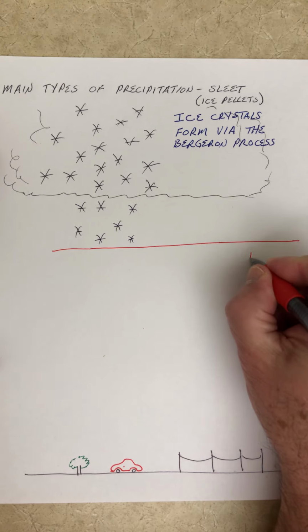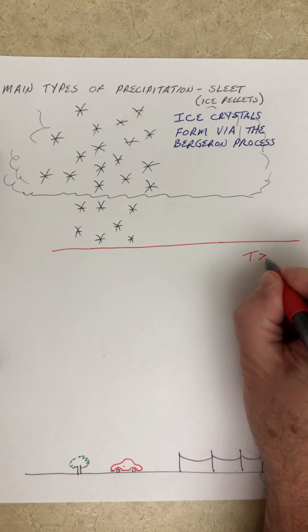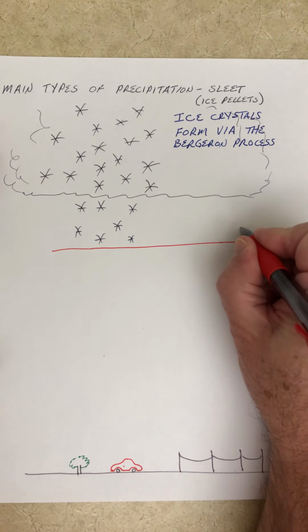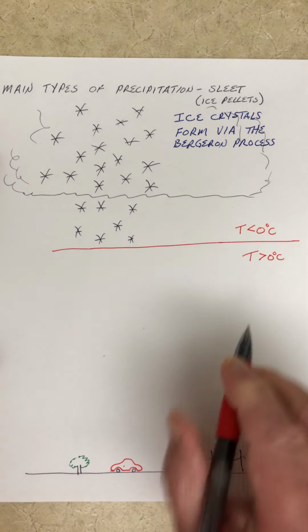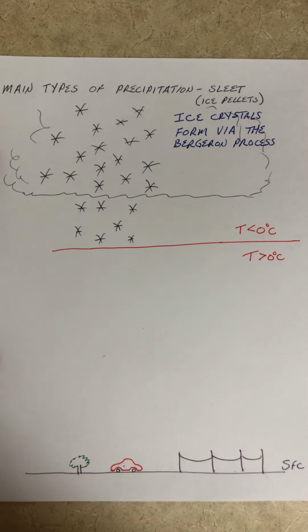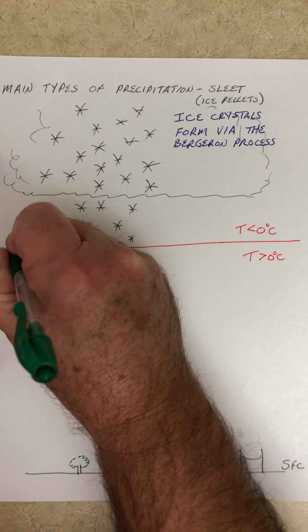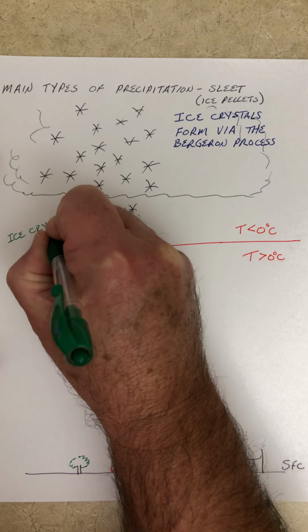So here we are, where the temperature of the air is above 0 degrees C. So above this line, the temperature is below the freezing point. Below this line, the temperature is above the freezing point. So these ice crystals are going to once again fall into a layer of air that is above freezing.